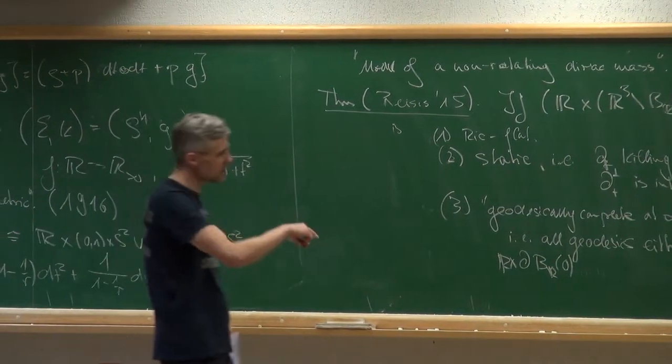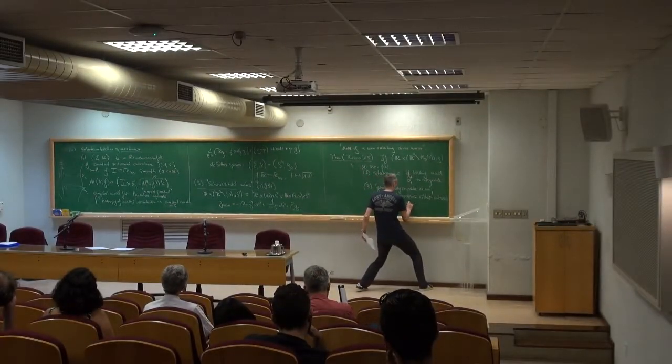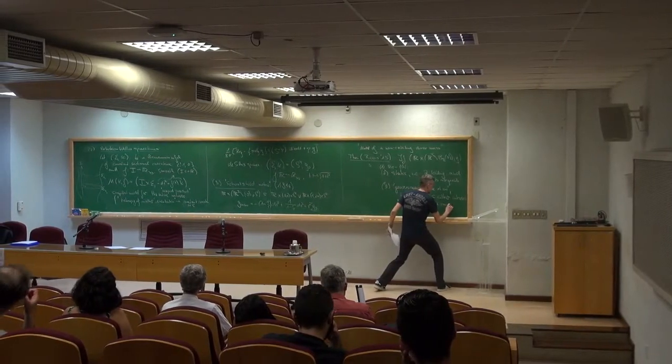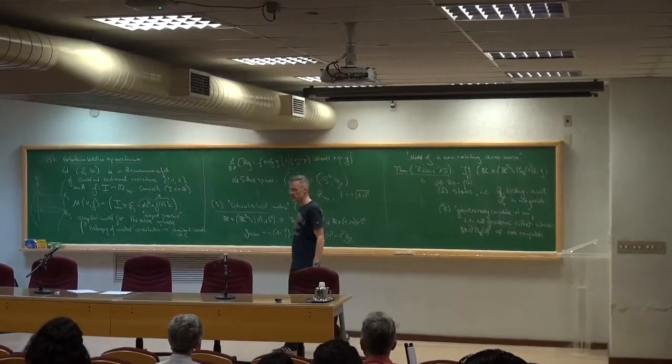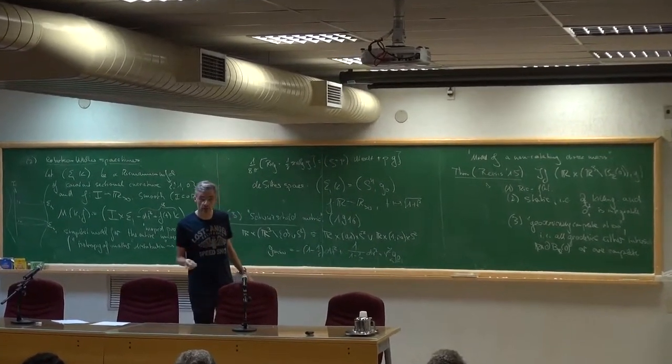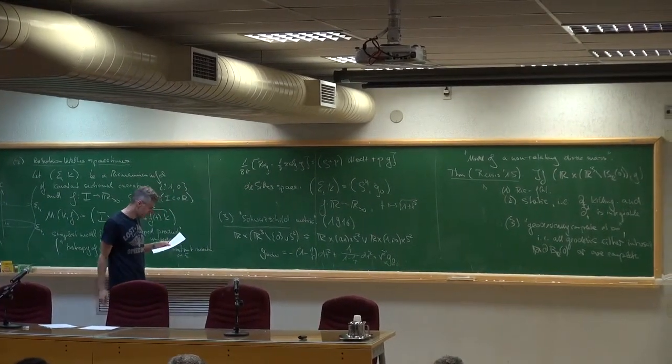Either that happens, or they are complete. When I say as a geometer that a geodesic is complete, that just means the affine parameterization is defined for all values.